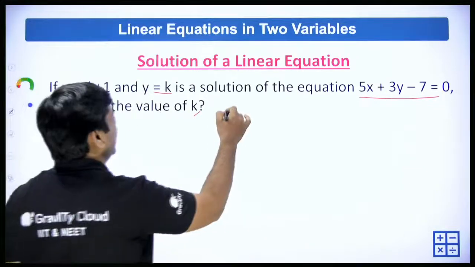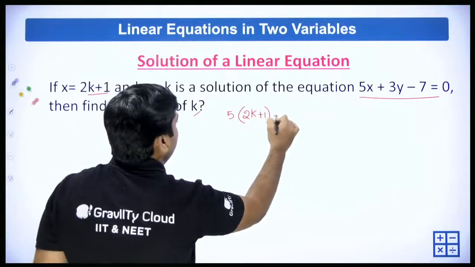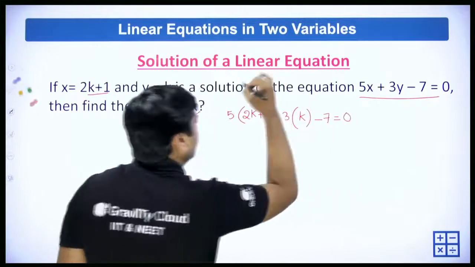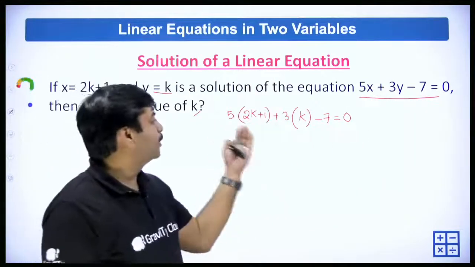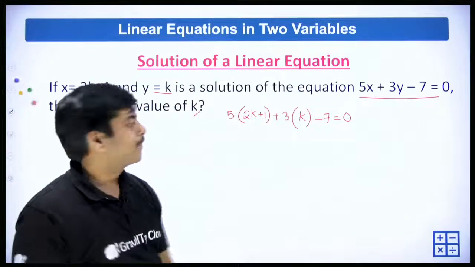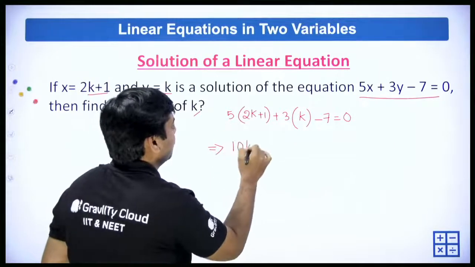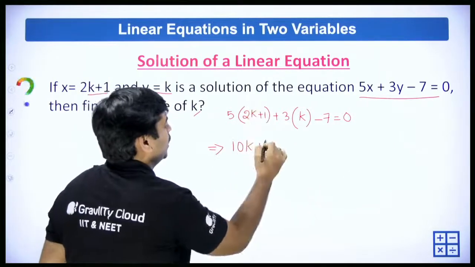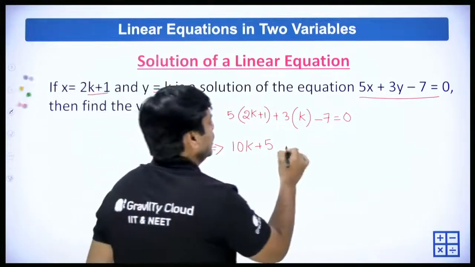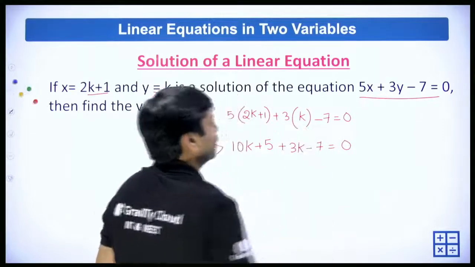So 5 into x, what is x? 2k plus 1, plus 3 times y, which is k, minus 7 equal to 0. 5 times 2k plus 1 plus 3k minus 7 is equal to 0, correct? So 5 into 2 is 10k plus 5 into 1 is 5, plus 3 into k is 3k, minus 7 is equal to 0.